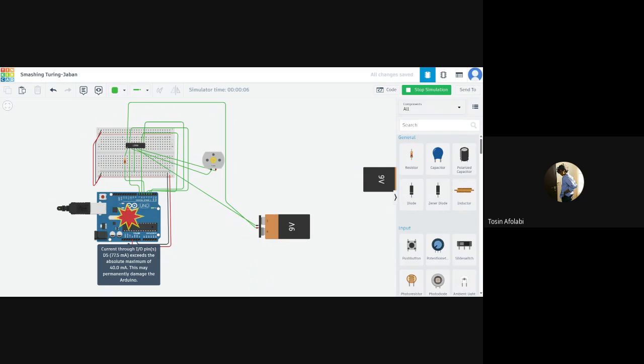Now, it's reduced. Let me see. The resistor did work. So let's try something bigger that can think and get it better. Let's try a diode.